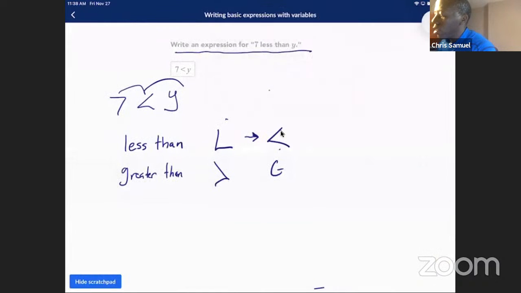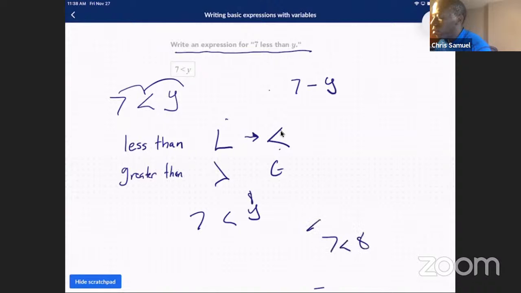I think it's saying 7 is less than y. If y is 8, then you have 7 is less than 8, and this is a true statement.